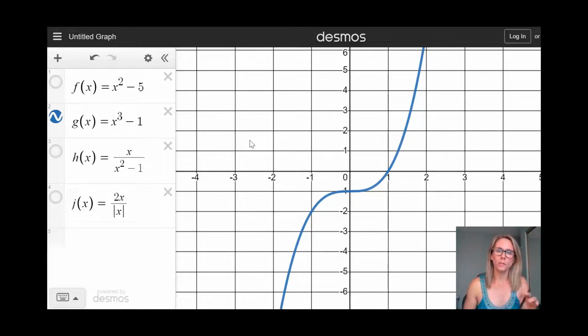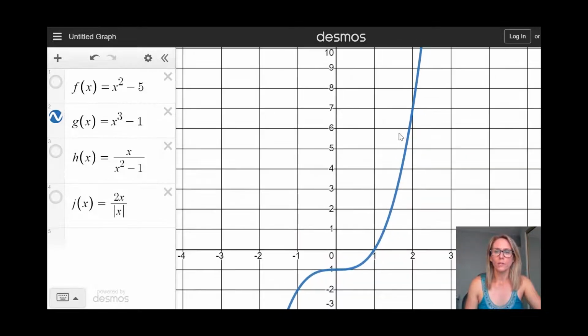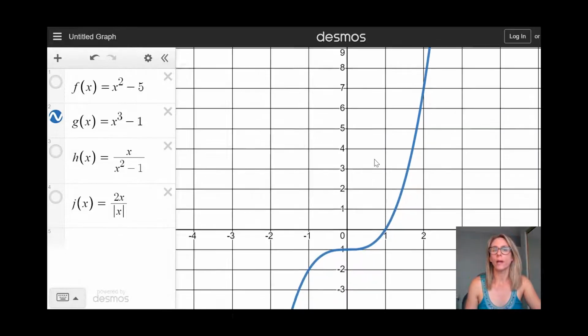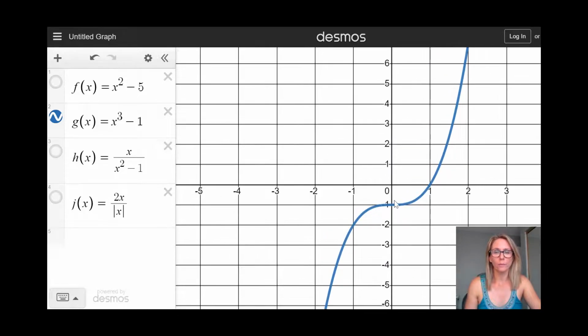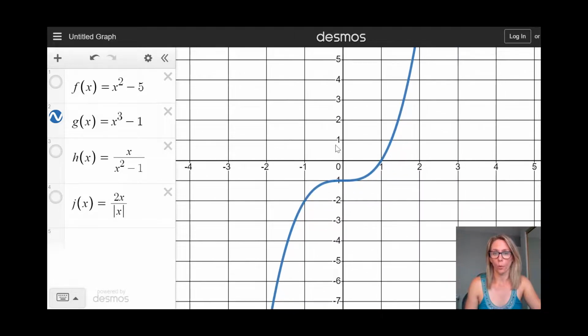In terms of origin symmetry, for example, this function has the point 2, 7 on it. If this were to have origin symmetry, it should have -2, -7. And if we go to -2, -7, there's no point there. So we can see graphically as well that it is not symmetric over the origin.